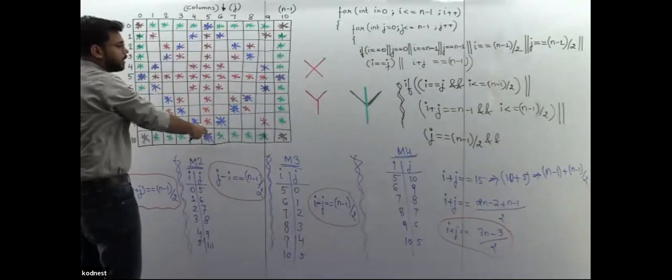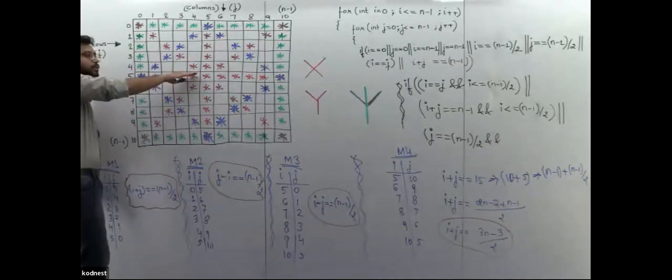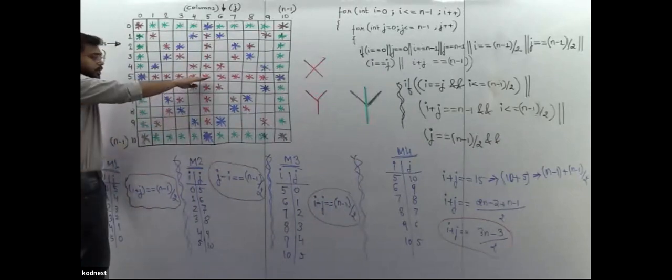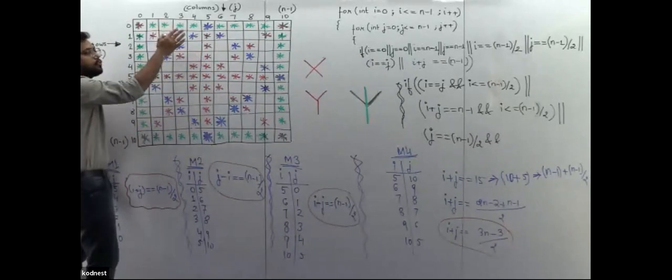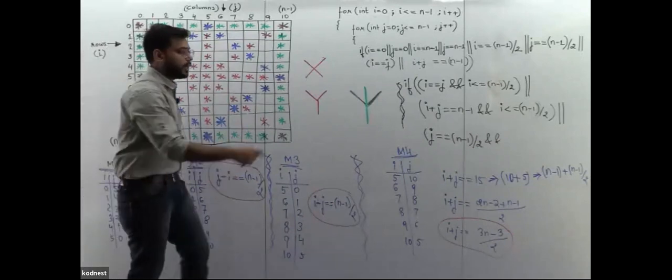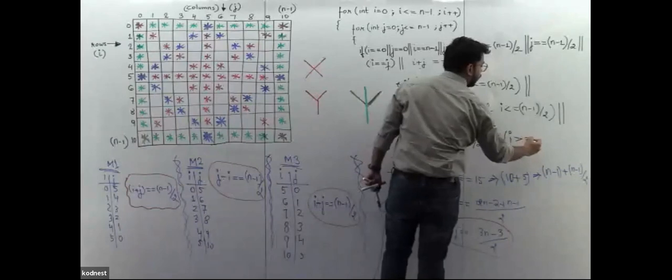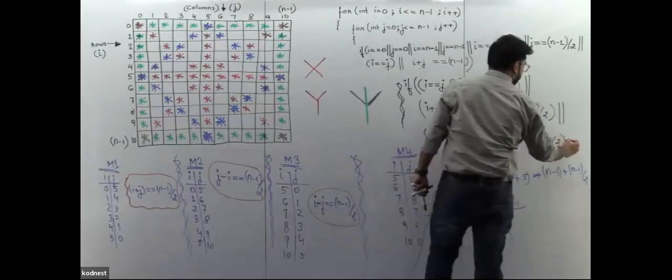I don't want it completely. Now, if i is on the downside of 5, if i is greater than 5, this condition I want to remove. So I will write and i is greater than or equal to (n minus 1) divided by 2.